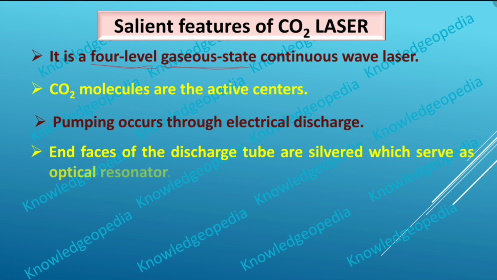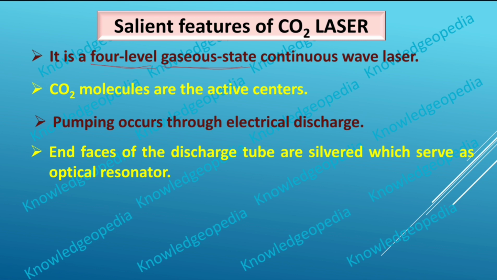The end faces of the discharge tube are silvered, which serve as the optical resonator. We have seen that one side is partially silvered and the other side is fully silvered, and the photons undergo multiple reflections between these two ends to make the intensity very high.